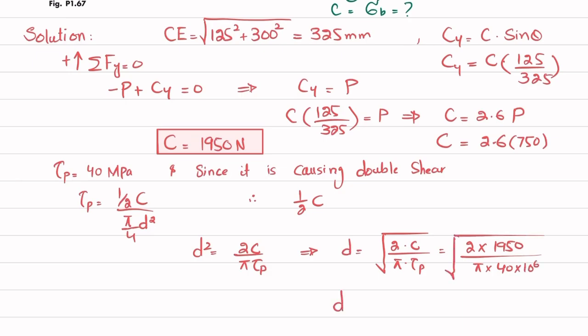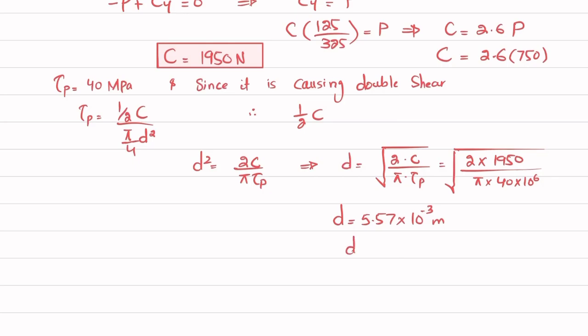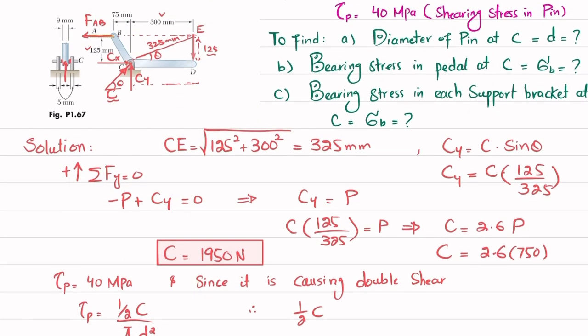When you solve it, you will get the required diameter as 5.57 into 10 to the power minus 3 meter, and in terms of millimeter, D will be equal to 5.57 millimeter. So this is the required diameter of the pin at point C.